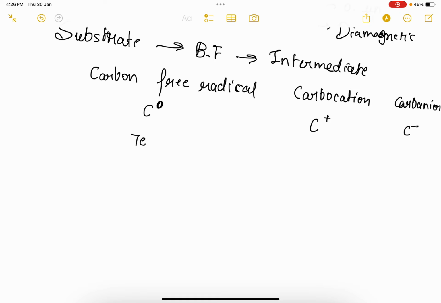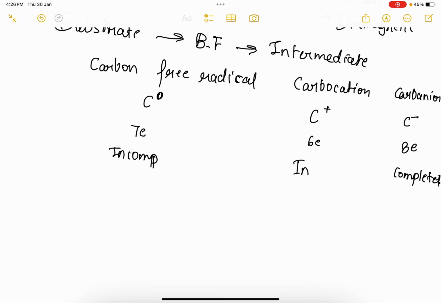The free radical contains 7 electrons, the carbocation contains 6 electrons, and the carbanion contains 8 electrons. The free radical has an incomplete octet, the carbocation also has an incomplete octet, and the carbanion has a complete octet. Octet means 8 electrons. Further, the free radical is paramagnetic in nature, and both the carbocation and carbanion are diamagnetic in nature.